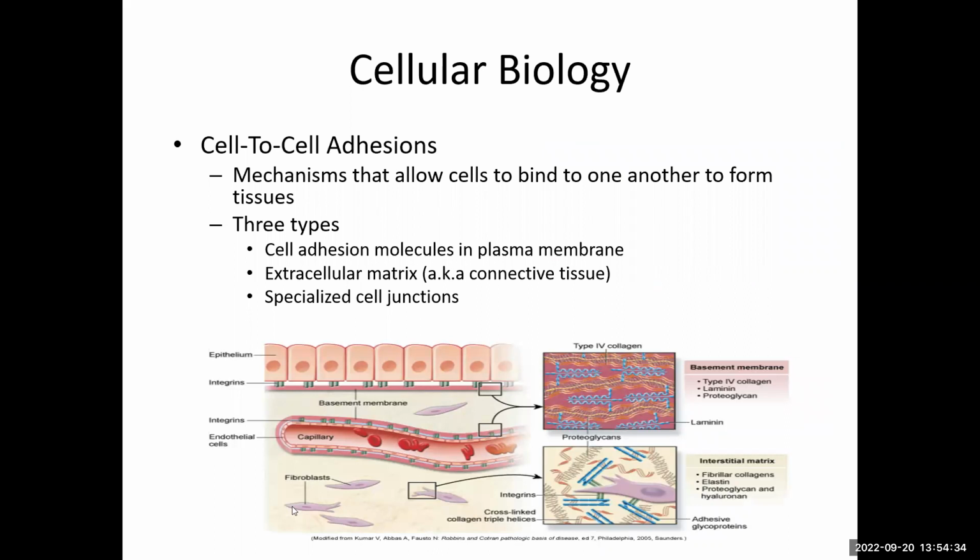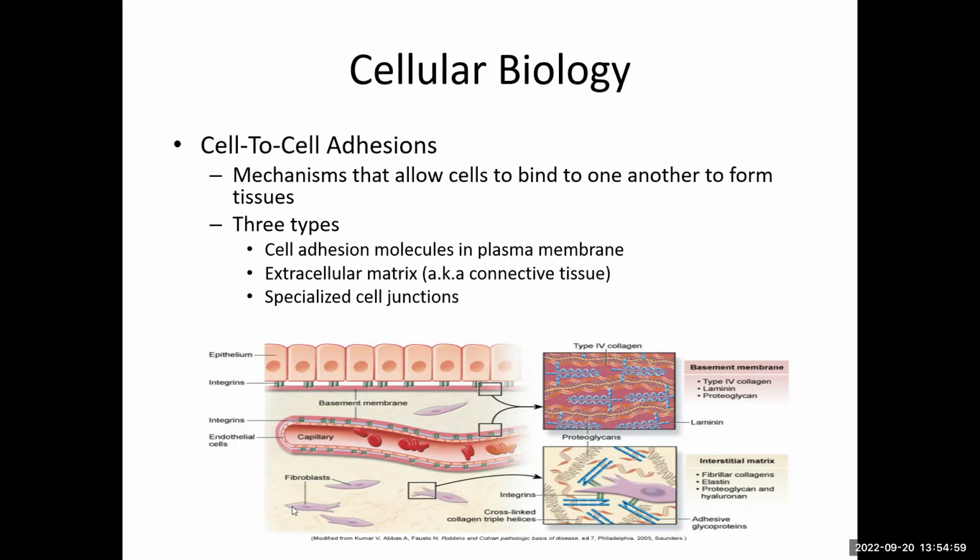Cell adhesions are mechanisms that are going to allow our cells to bind together to make tissues. If you remember your structural hierarchy, once we get to the cellular level, then we go to the tissue level. There are three types of cell-to-cell adhesion molecules, and we have these in the plasma membrane as well as some of the other connective tissues.